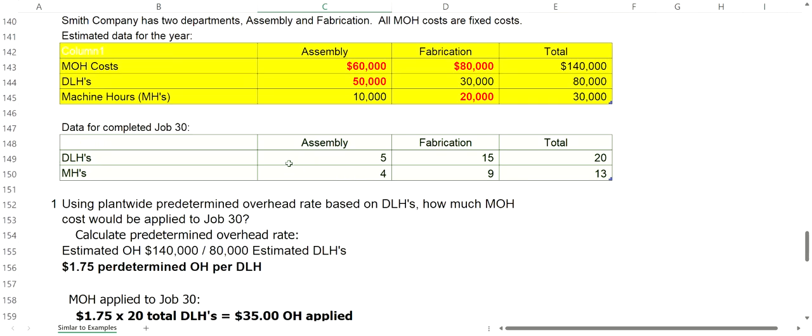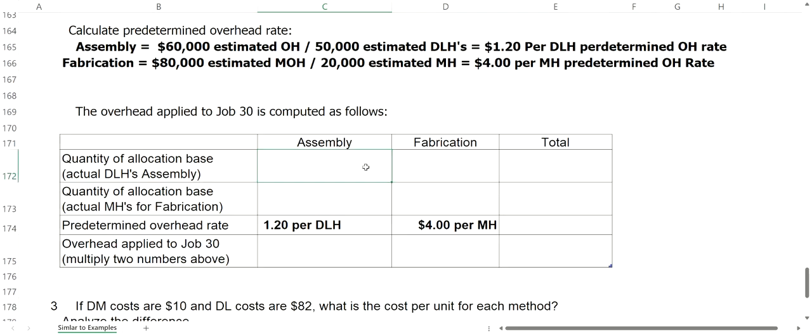So I go to the actual data in green, look at assembly. The actual direct labor hours for assembly was 5. So I'll fill that in.